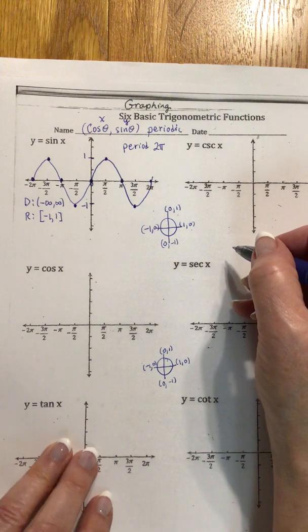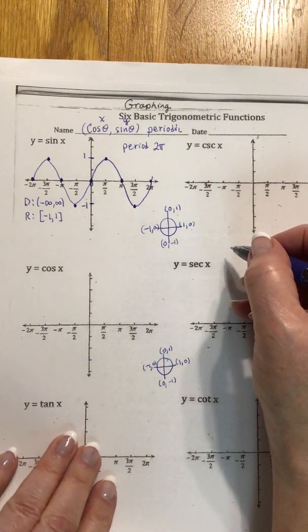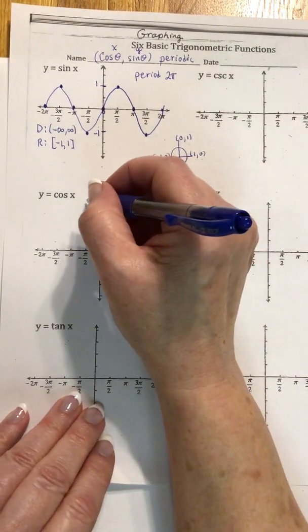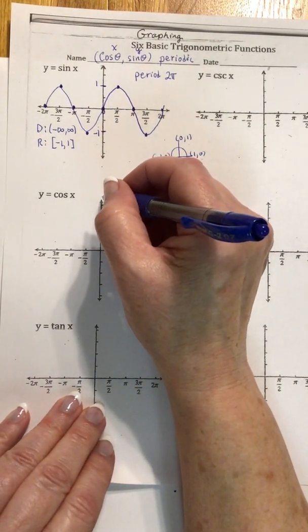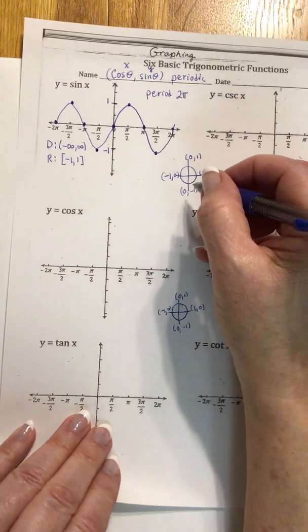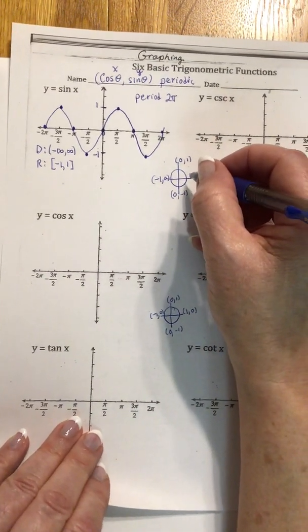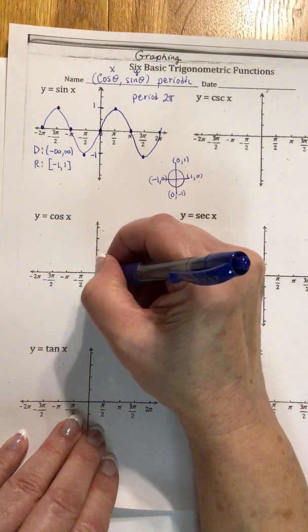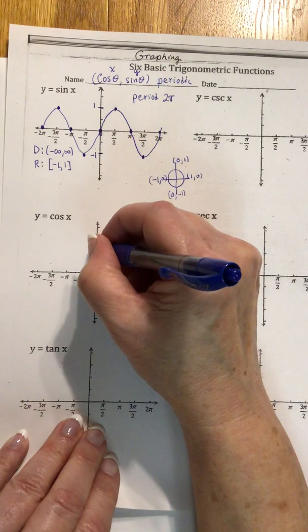Okay, the next part we're going to do is cosine. So we're going to move this up to cosine. Cosine is the x value of the ordered pair. So we're looking at the ordered pair again. So at 0, cosine is going to be the x value. So I have 1. So at 0, we're going to go up to 1.